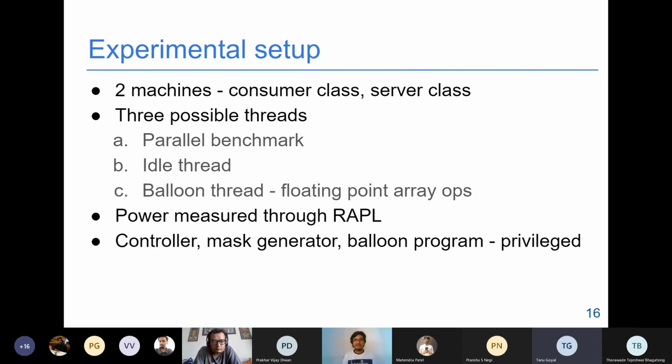And the third is a balloon thread, which is used to ramp up power. The balloon program basically consists of floating point array operations in a tight loop, in a for loop kind of thing. Now, the attackers use the RAPL interface to measure power. And finally, the controller, the mask generator, and the balloon program are running as privileged processes.